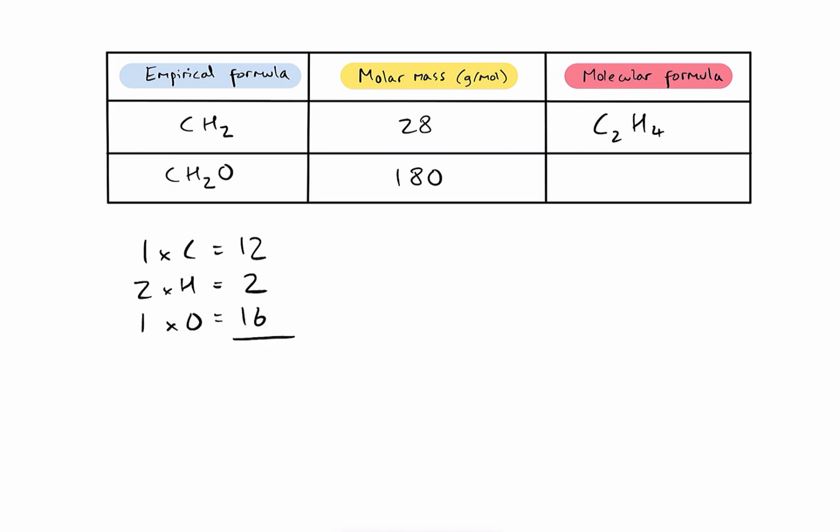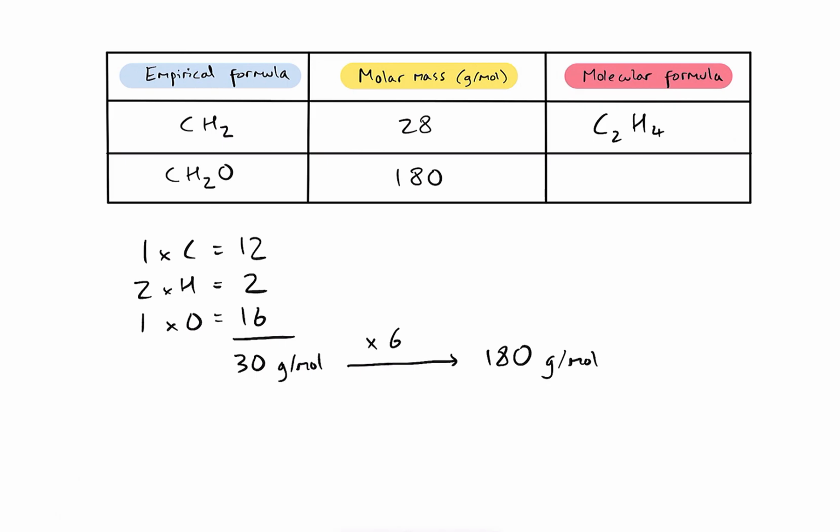So if I add those up, I get a total molar mass for my empirical formula chunk of 30 grams per mole. And I need to get to a total of 180 grams per mole, according to the data in my question. And with a bit of simple maths, I know that 30 multiplied by 6 is going to get me there. So my molecular formula is actually going to contain 6 units of my empirical formula.